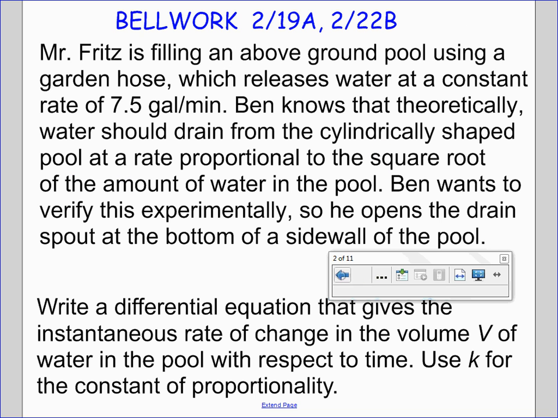And Mr. Fritz is filling the above ground pool at a constant rate of 7.5 gallons per minute. I saw lots of people had 7.5 T, right? Think about what 7.5 T would yield. Well, in context of this situation, if I knew how long I filled the pool for, that expression when evaluated could tell me how much water had been added, yes?